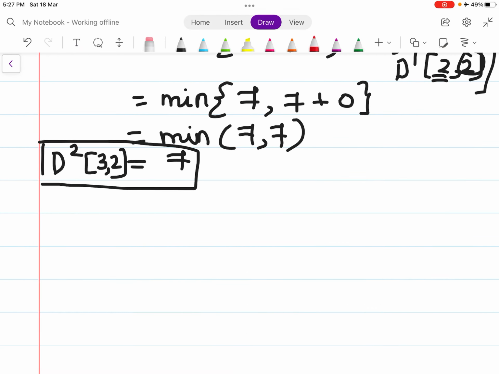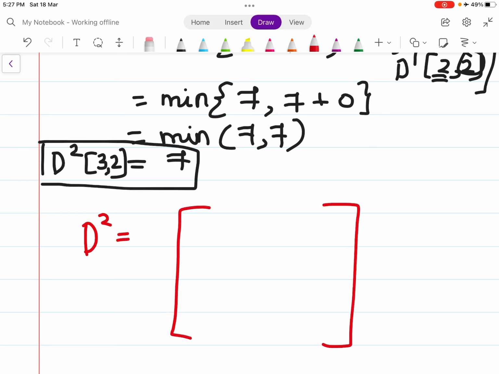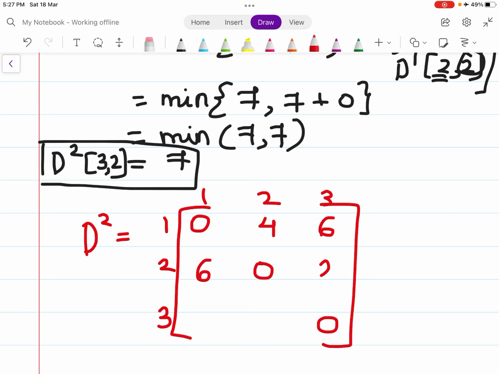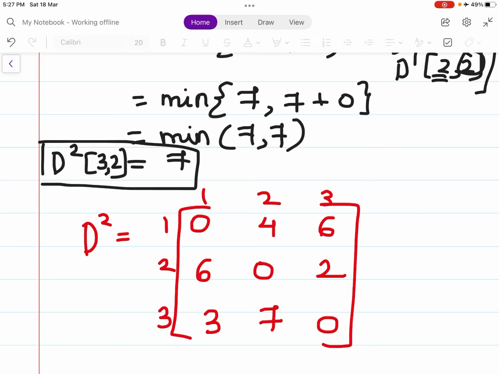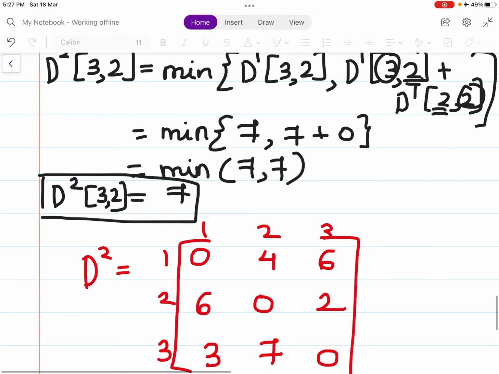So now for D2 the matrix will be 0 4 6, 6 0 2, 3 7 0.